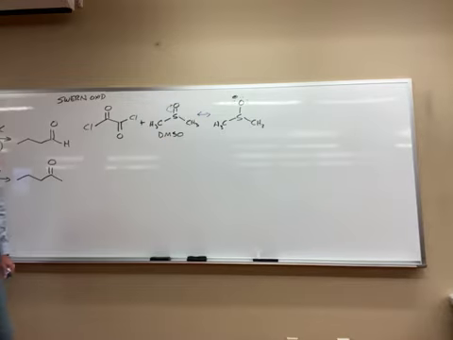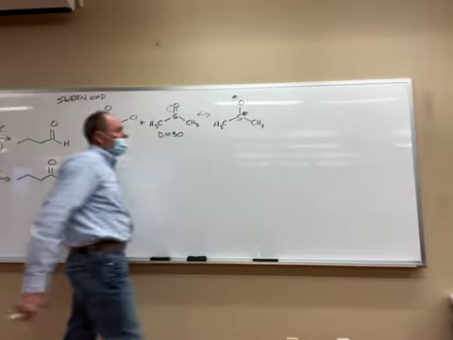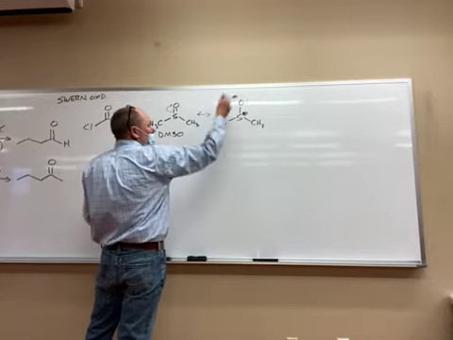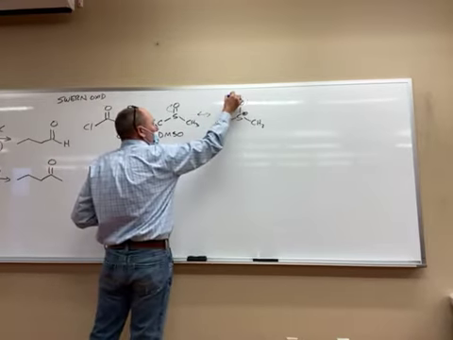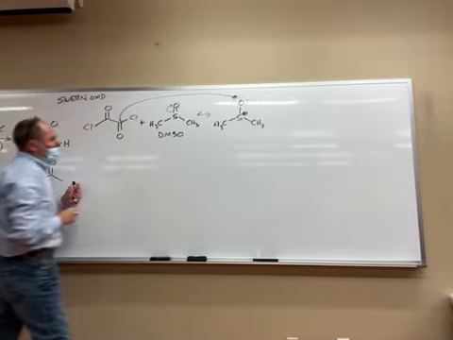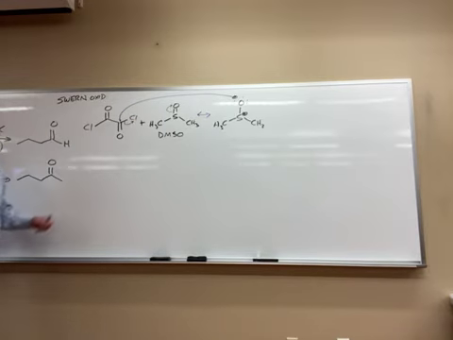And that puts a positive charge on the sulfur. All right? At this stage of the game, these electrons now see the carbon and basically kick off a chlorine. Okay?